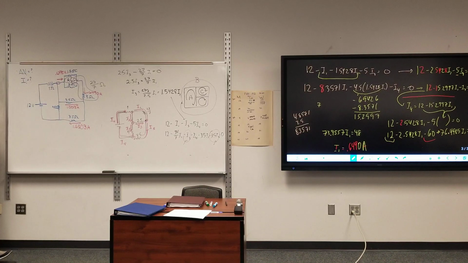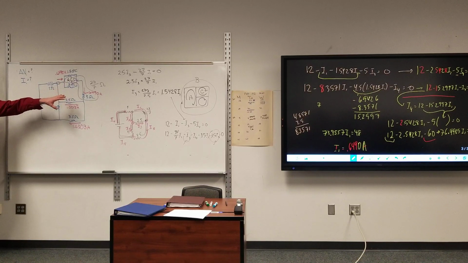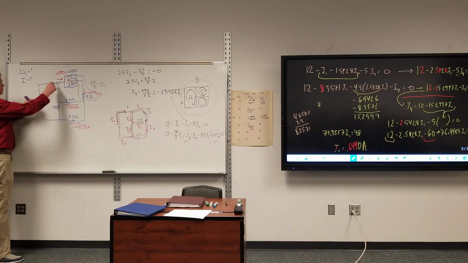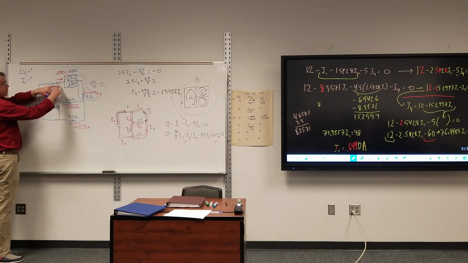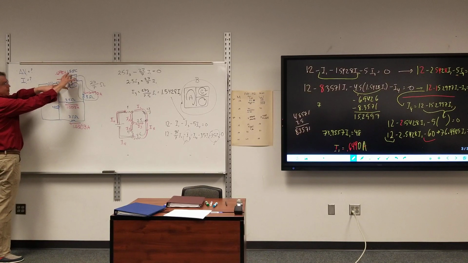Jack, if we were to remove the 1, how would that help us? The 1 amp? We could have done a complete reduction, reduced it down to a single equivalent resistor, figured out the current flowing out of this, and then just worked back. If there was a junction there, we could do a parallel.